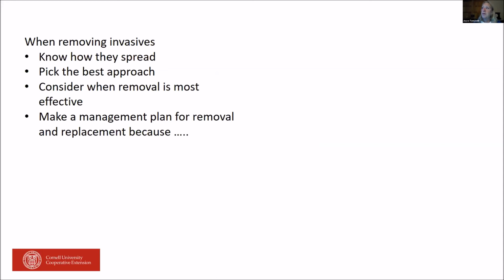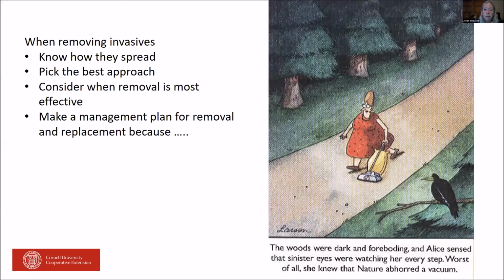There's other things like Japanese knotweed. There are some new ideas on dealing with that by getting it to constrict itself by putting wire mesh over it. Whenever you have a management plan for removal, you really need to have a management plan for replacement because, thank you, Julie, nature abhors a vacuum.